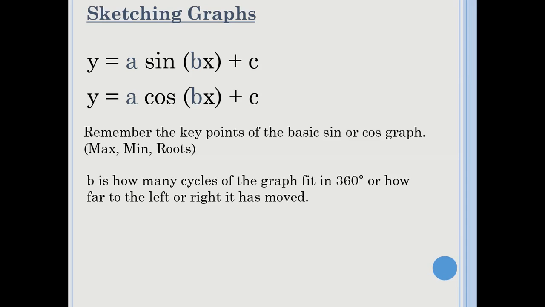We're going to use our knowledge of b to know how many cycles of the graph are going to fit into 360 degrees, or how far left or right it has moved. We will come back to that last part in a future video.